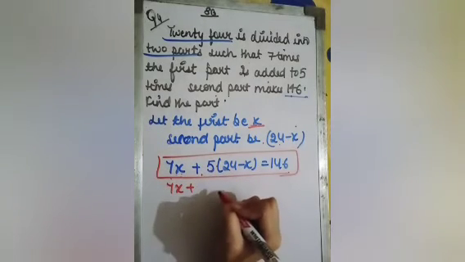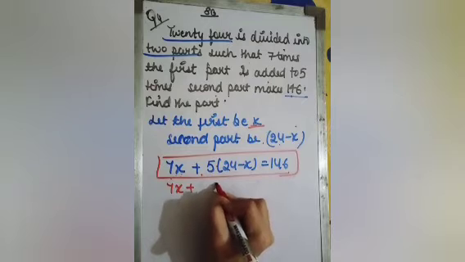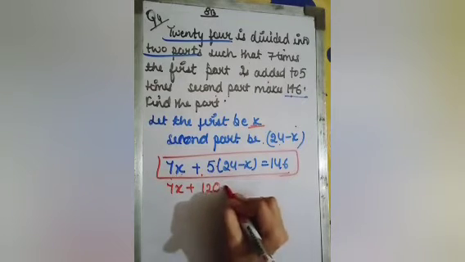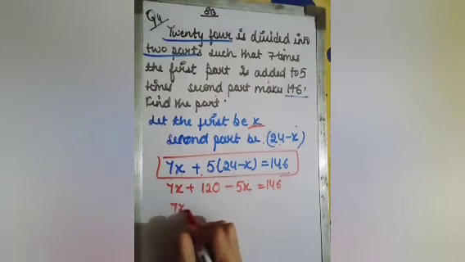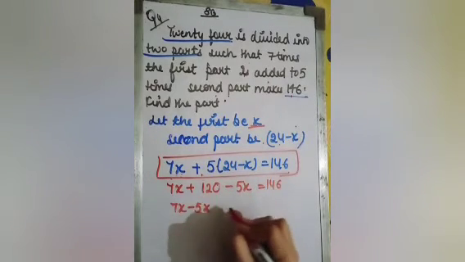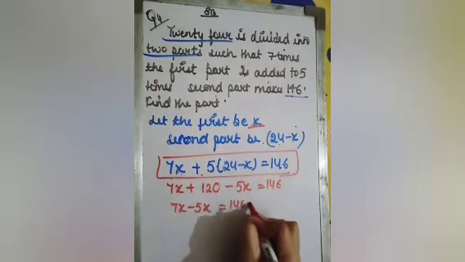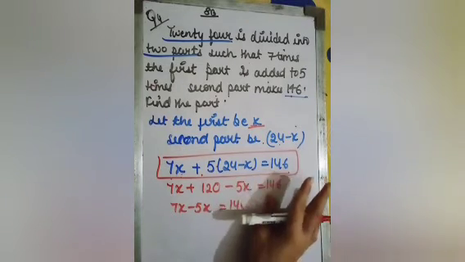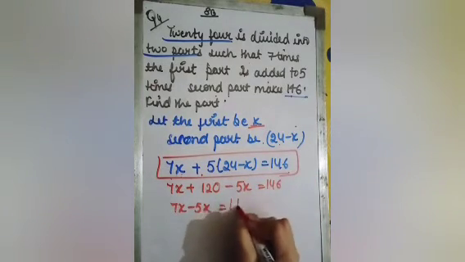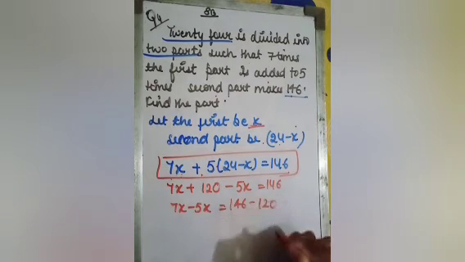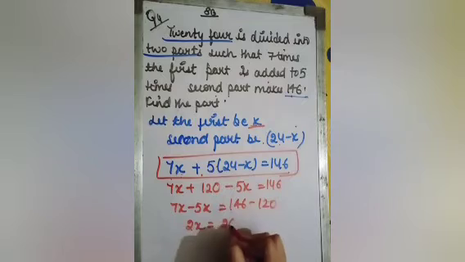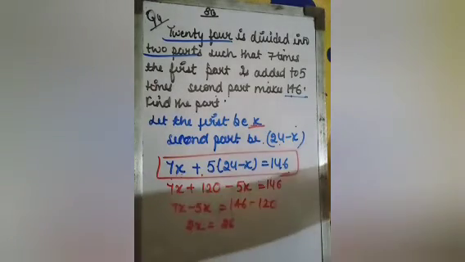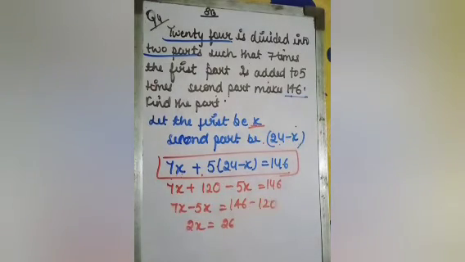5 into 24, 120 minus 5x equals to 146. Now write the terms with x together and send the other terms on the opposite side. 146 minus 120. Okay, it will be 2x and 26. Right? From here we can find the value of x.